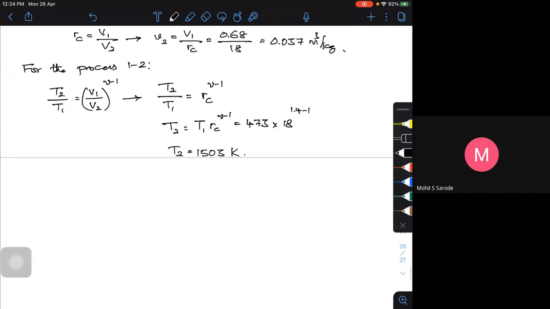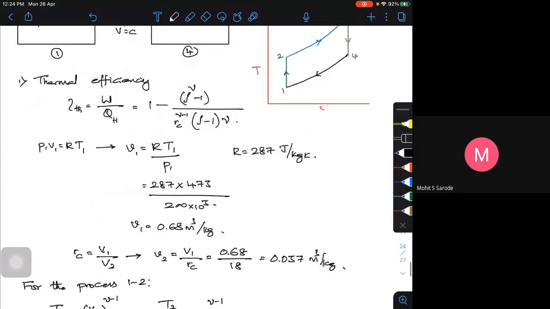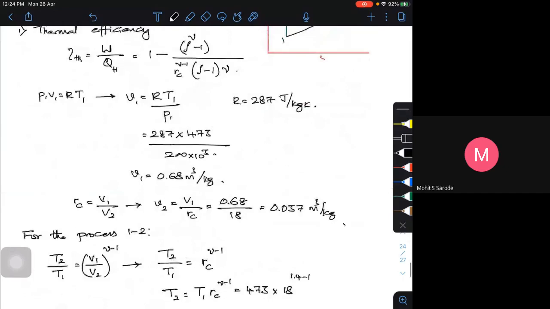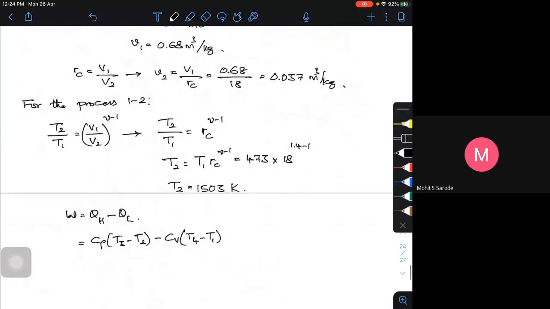So work done is equal to QH minus QL. What is your QH? It is actually m Cp, that is Cp into (T3 minus T2) minus Cv into (T4 minus T1). So this is my work done.